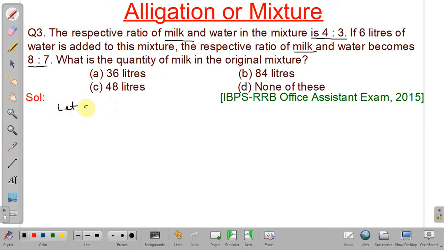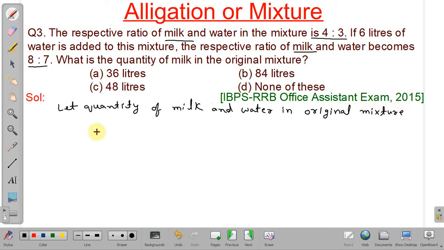Let the quantity of milk and water in the original mixture be 4x and 3x respectively.